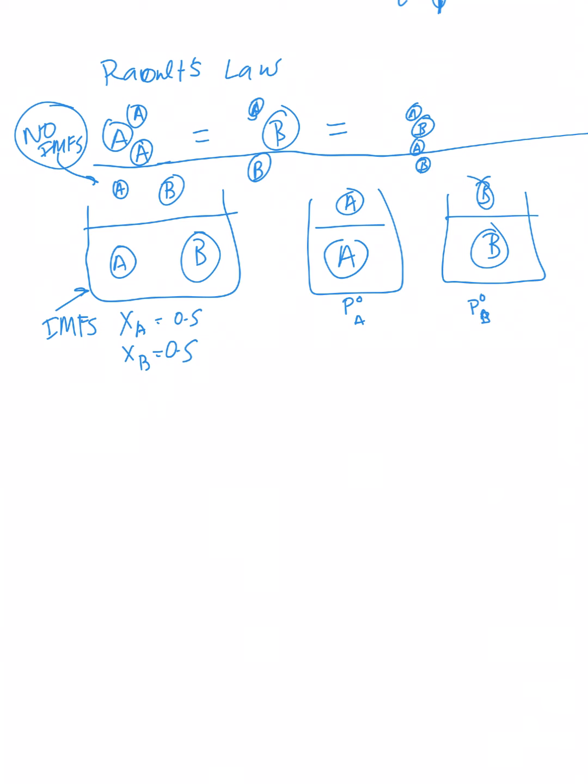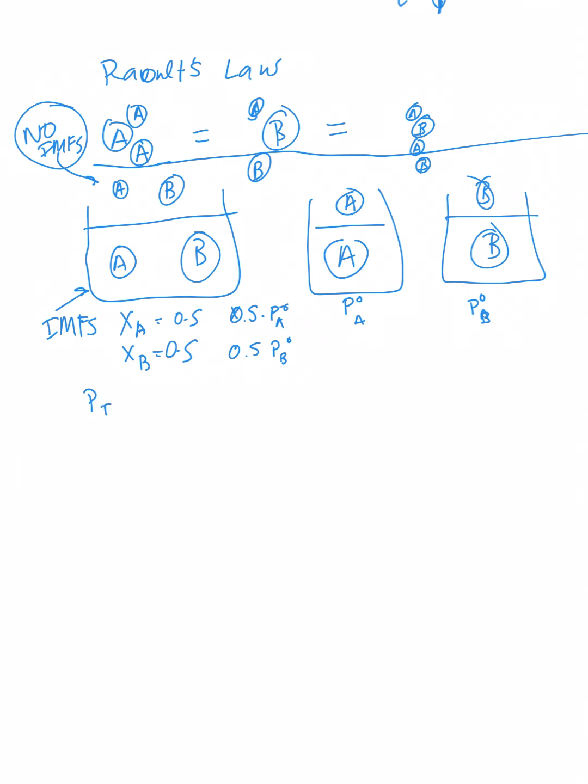If we mix them together and now we have half A and half B, our vapor pressure for A is going to be lower because it's 0.5 times P naught of A, whereas our vapor pressure of B is also going to be lower because, again, we have half of B versus if it was pure B.